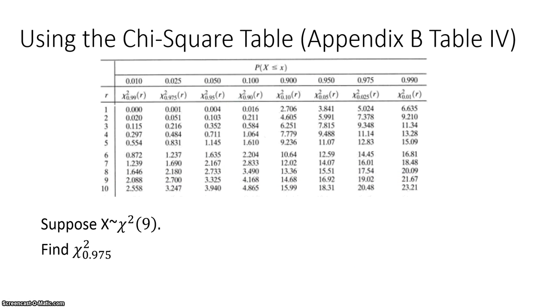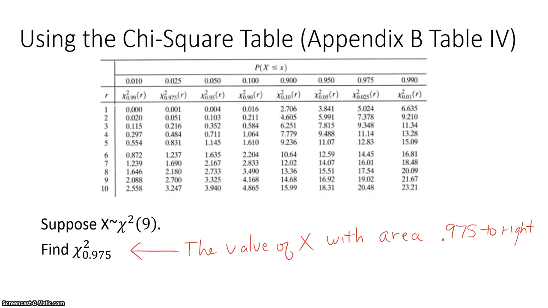Now we can also find percentiles with the chi-square distribution. Here it's asking us to find the value of X that has area 0.975 to the right. So just drawing a quick sketch, we're going to find this cutoff point here. This is going to be our value, and we're finding 0.975 to the right.